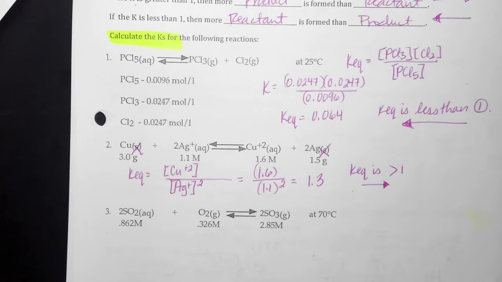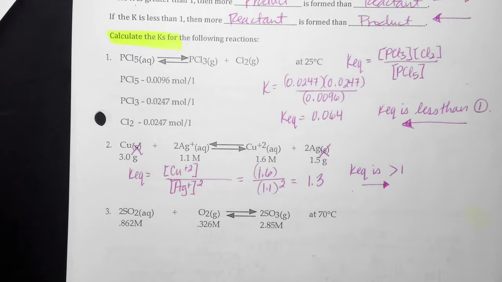If K is greater than 1, Carson, what do I have more of in my solution? Products. Fantastic. Mathematically, if the number is greater than 1, then the numerator has to be bigger than the denominator. So I have more products, and the reaction at equilibrium favors the forward direction.